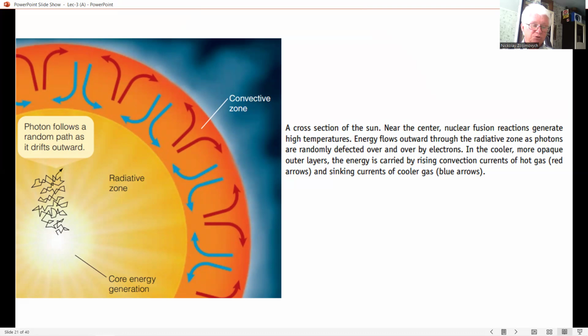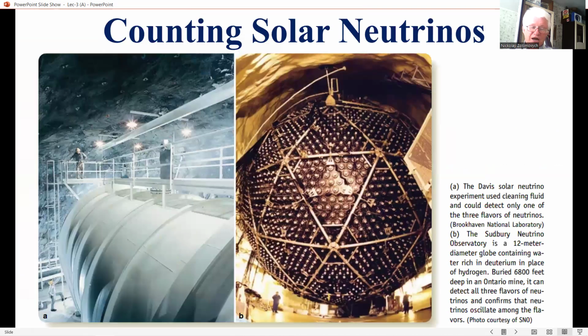It is time to ask the critical question that lies at the heart of science. What is the evidence to support this theoretical explanation of how the sun makes its energy? Nuclear reactions in the sun's core produce floods of neutrinos that rush out of the sun and off into space.